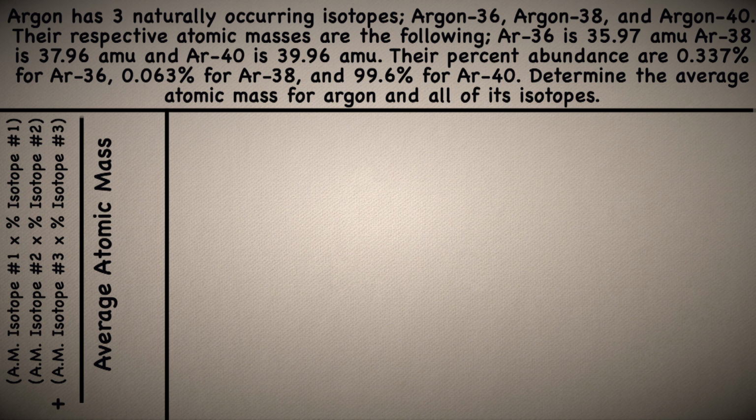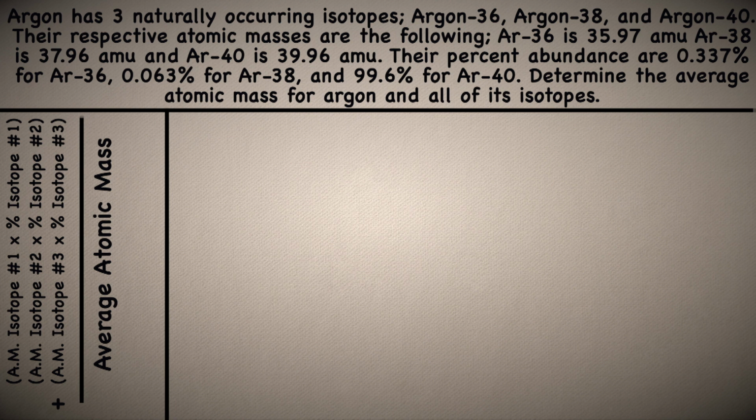And argon 40 is 39.96 atomic mass units. Their percent abundances are 0.337% for argon 36, 0.063% for argon 38, and 99.6% for argon 40. Given this information, what is the average atomic mass for argon and all of its isotopes?